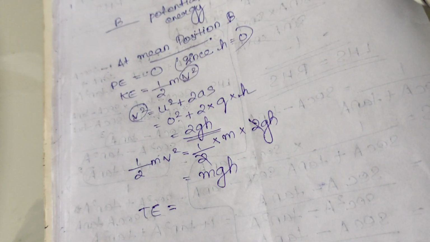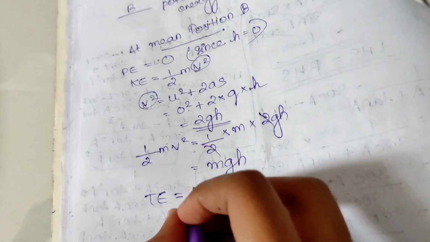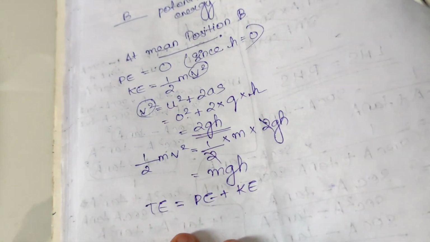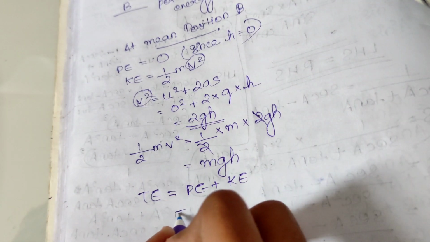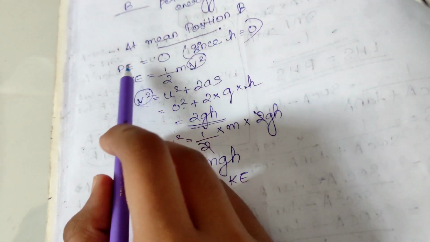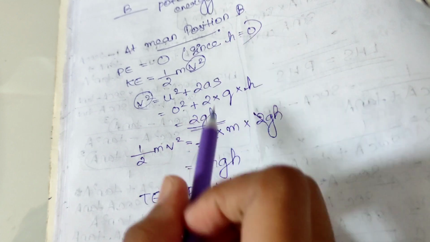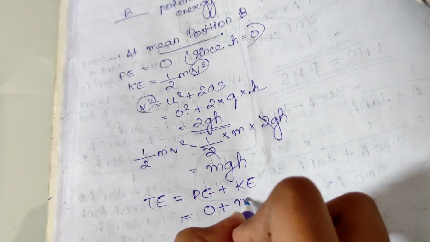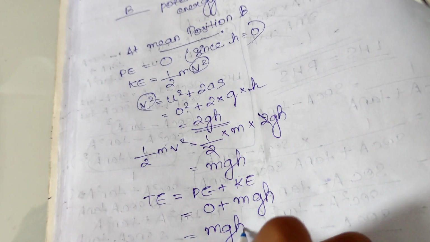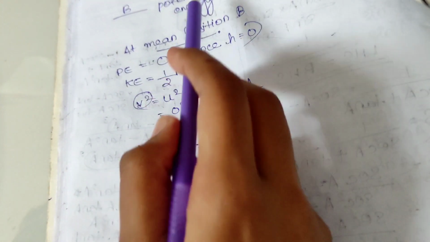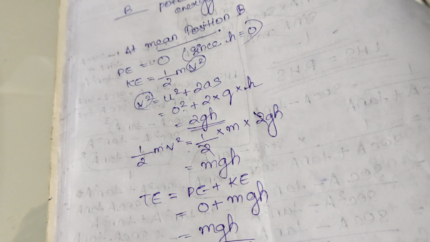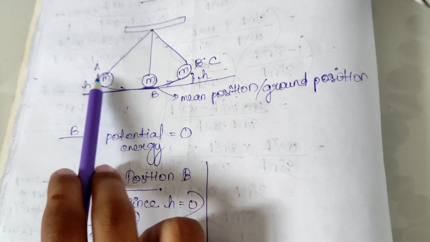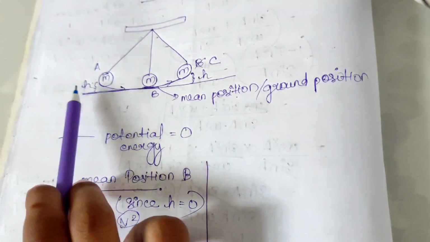The total energy is potential energy plus kinetic energy. We have already found that potential energy is 0 since height is equal to 0. So potential energy is 0 plus kinetic energy is mgh, which means the total energy at the mean position B is mgh. Clear?